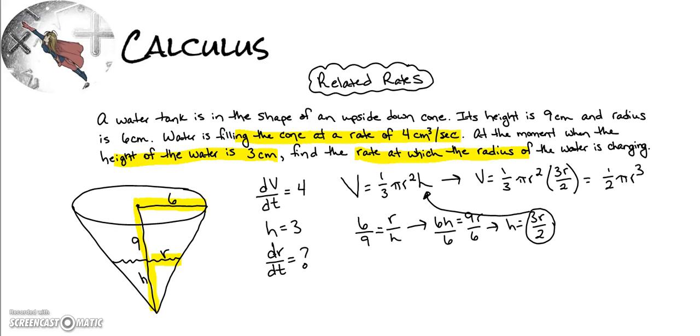So there's my volume. Now the next step is always to take the derivative of your equation. So that's going to give me dV/dt equals 3/2 pi r squared dr/dt.